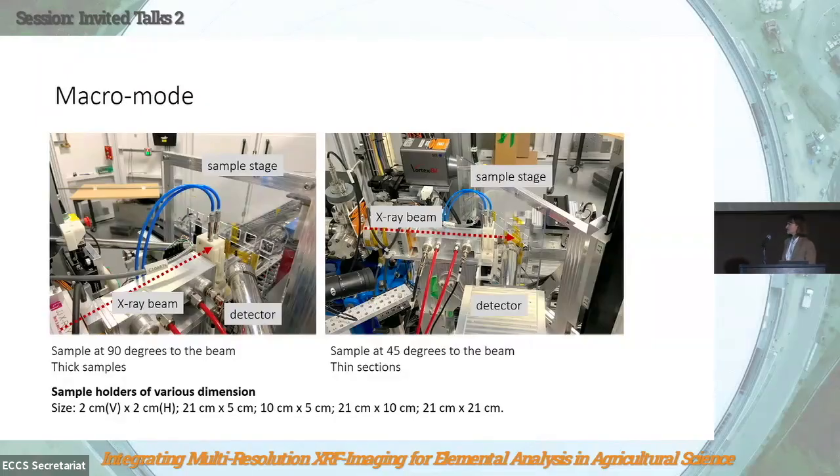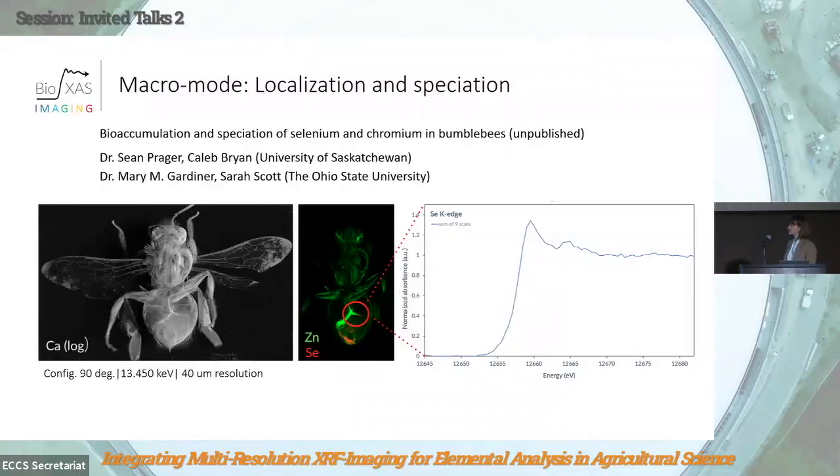Since we have a pretty large sample holder, we can accommodate different sizes of samples as large as 21 by 21 centimeters. This is an example where researchers were interested in the location of selenium and its speciation in our pollinator, the bumblebees.